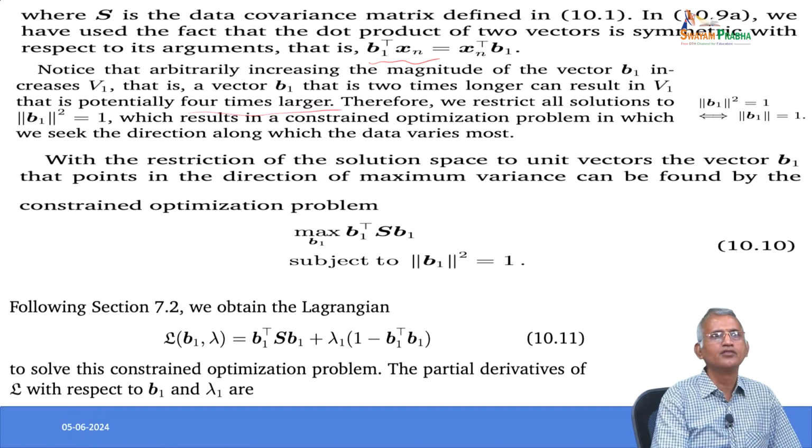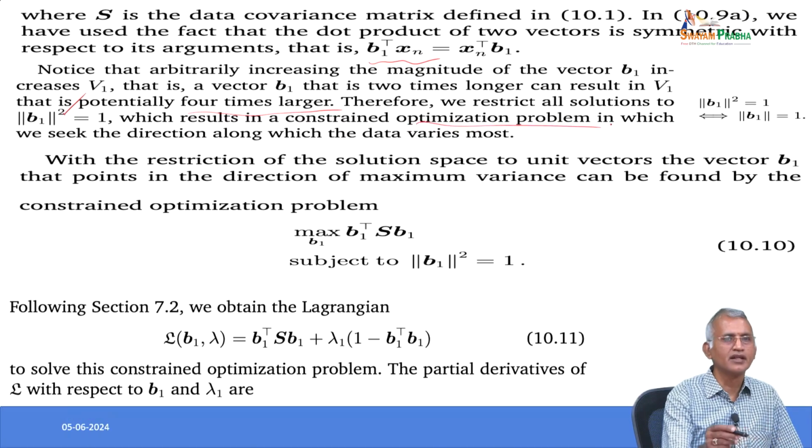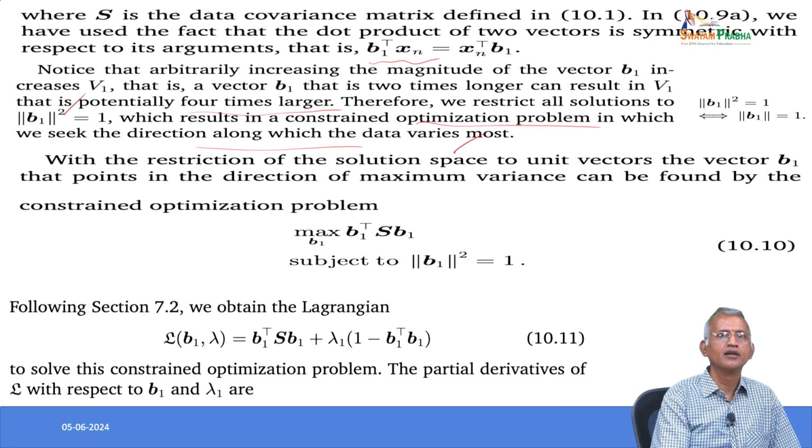Therefore, we restrict all solutions to norm of B1 square equal to 1, which results in a constrained optimization problem, in which we seek the direction along which the data varies most. So, with the restriction of the solution space to unit vectors, the vector B1 that points in the direction of maximum variance can be found by the optimization problem: maximize B1 transpose S B1 subject to norm of B1 square equal to 1.